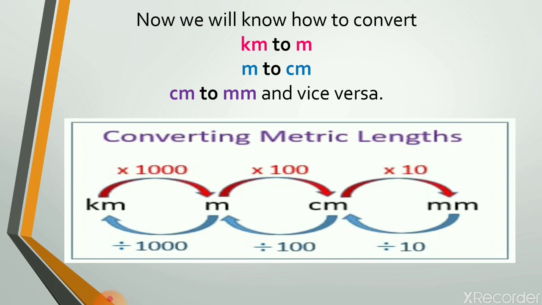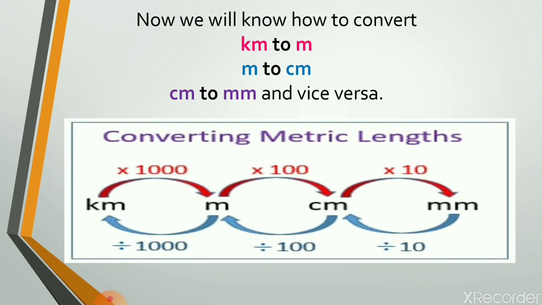Now we will know how to convert kilometer to meter, meter to centimeter, centimeter to millimeter and vice versa. See the figure. Here, for converting kilometer to meter, we have to multiply by 1000.